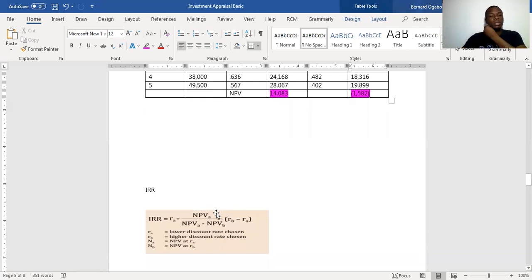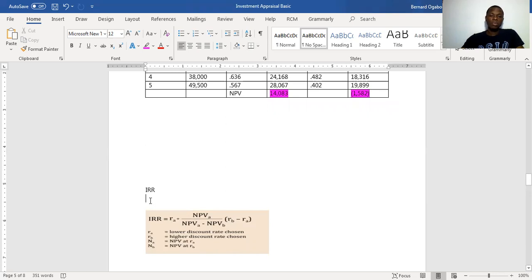This formula simply says: the lower rate, which was 12%, plus the NPV of the lower rate over the NPV of the lower rate minus the NPV of the higher rate, multiplied by the higher rate less the lower rate.